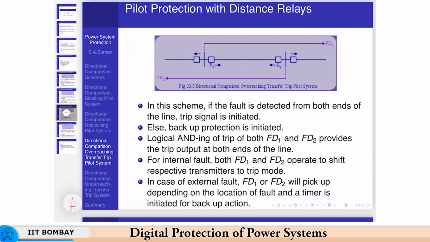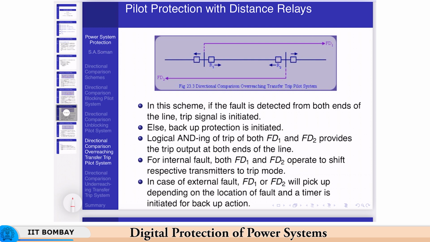So, here this system is slightly different in concept. The next system is known as a directional comparison overreaching transfer trip. Okay. Here there is no block or unblock signal, but a trip signal is directly initiated, and in this case it is ANDed. Okay.